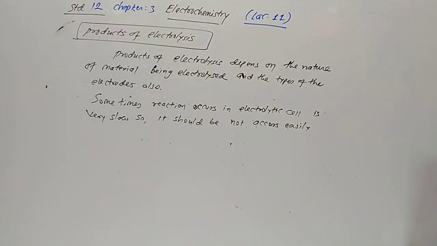So what do we have to do? Legible processes that are slow kinetically, at lower voltage do not seem to take place, so an overpotential has to be applied.